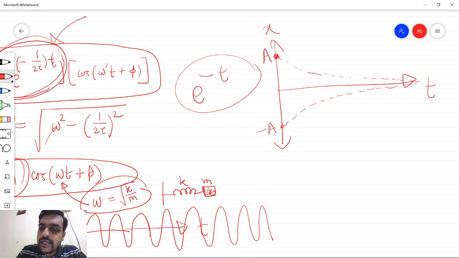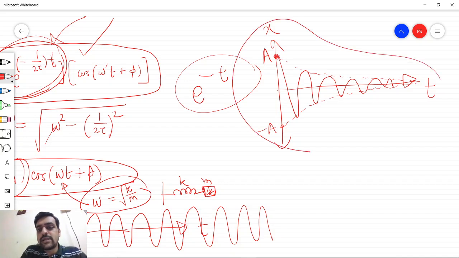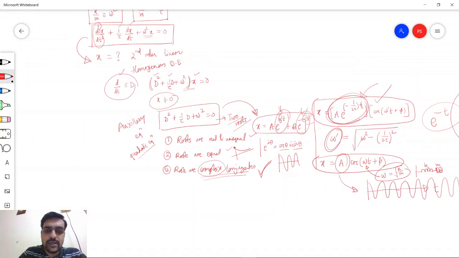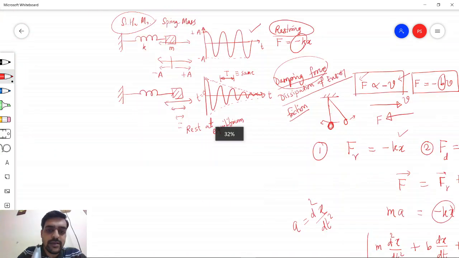And with this exponentially decreasing amplitude, the system keeps on oscillating because there is a cosine function term existing. So this is the mathematically proved nature, which we have already discussed qualitatively earlier.